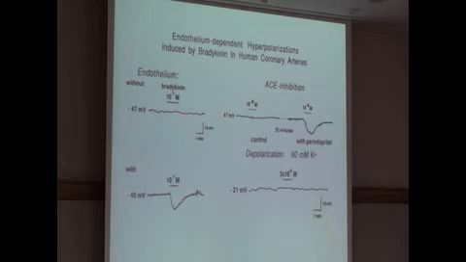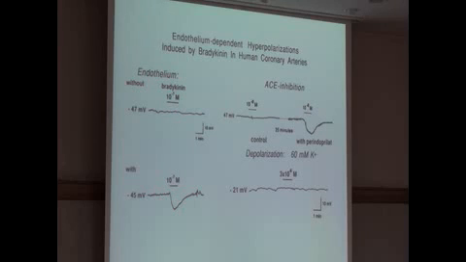For example, here, in human coronary arteries, you can see that bradykinin will not affect the cell membrane potential of vascular smooth muscle if the endothelium is not there, but if the endothelium is there, it causes a hyperpolarization.